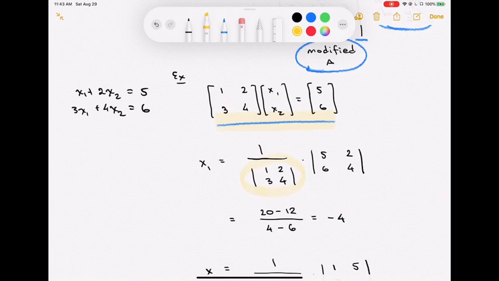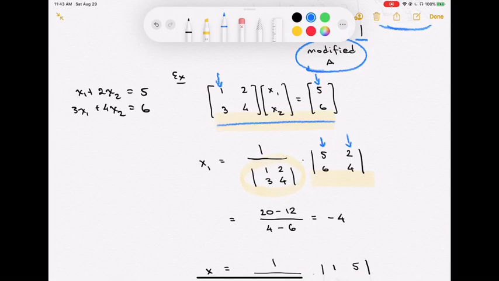So 1 over the determinant of A, I'm just going to throw that in there. And then I need the determinant of this modified matrix. So what is the modified matrix? We look at A, but we are going to take the first column, that's 1 and 3, and we're going to replace it with the y column, 5 and 6. So I get 5 and 6, and then I leave the rest of it alone, and there's only one other column left. That's just the 2 and the 4.